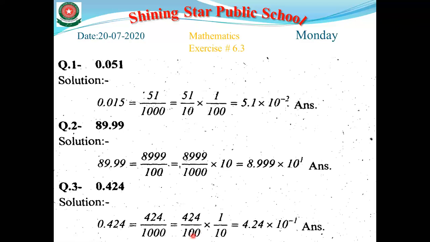When we divide 424 by 100, it becomes 4.24. Multiply, why do we write 10 power minus 1? Because here is 1 over 10, and the power is positive. But when we take 10 from the denominator to the numerator, it becomes minus 1.